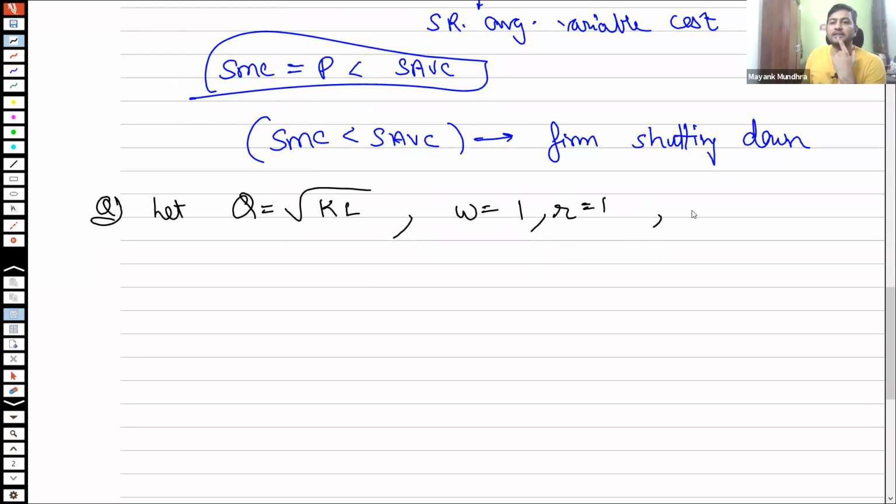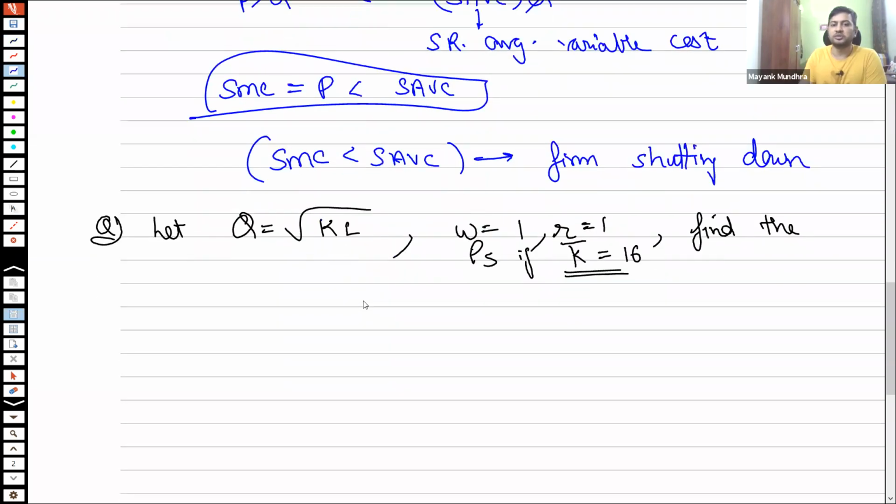So find the shutdown price if K bar equals 16. If the fixed capital is 16, you have to find the shutdown price. So remember, shutdown price is when these two things become equal.